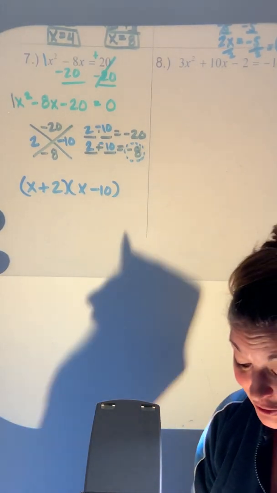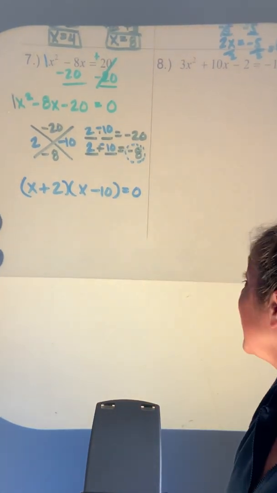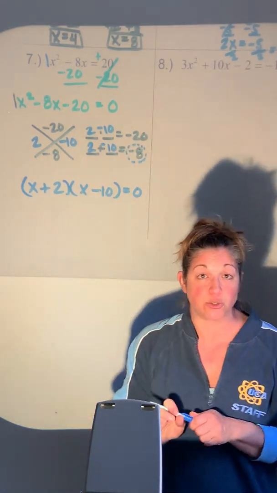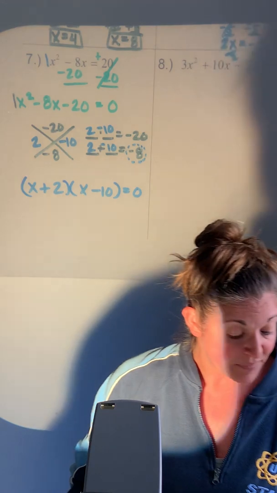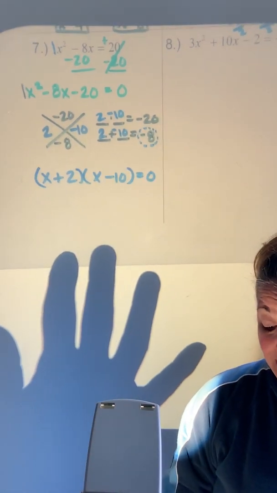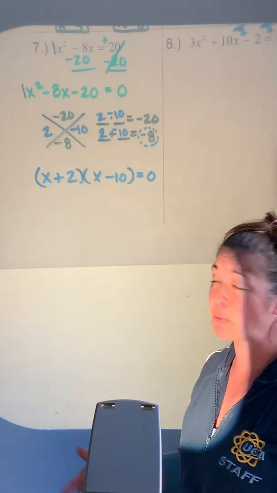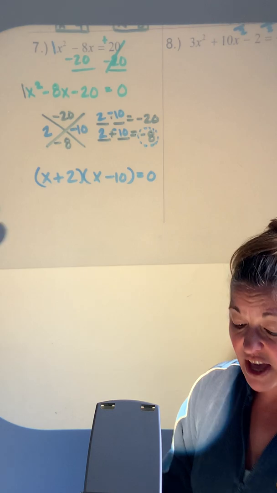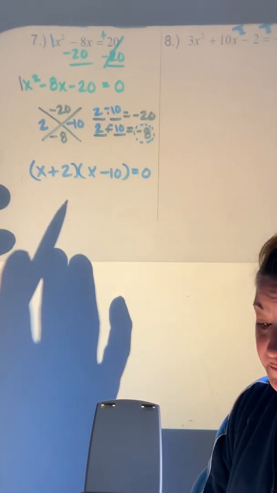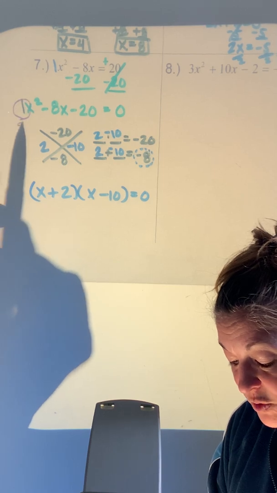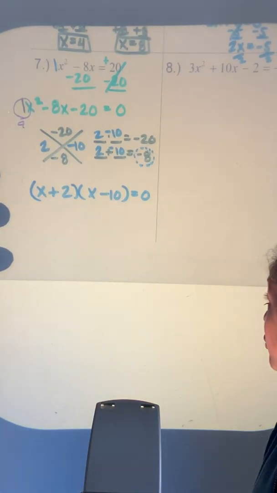Well, when I say answer, I mean my final factoring, because again, this whole thing is technically set equal to 0, so I still have to actually split them and solve them. But that's going to be a good shortcut for you, especially now that factoring is only one part of the step. And we don't want to waste our time worrying so much about the factoring when we've got this extra step now down here. So once again, guys, only if this A value is 1, we can use this shortcut.